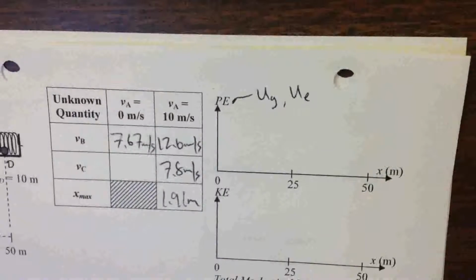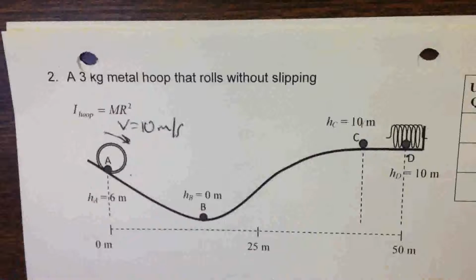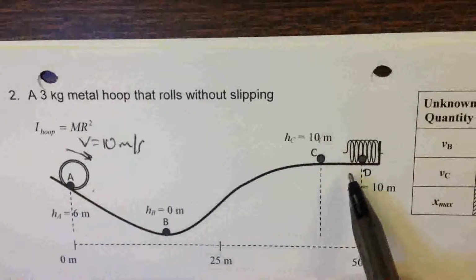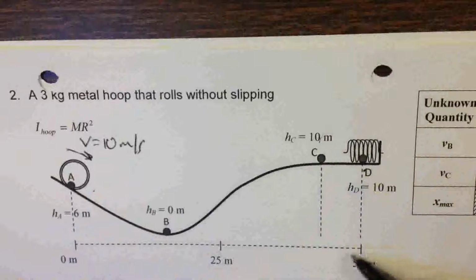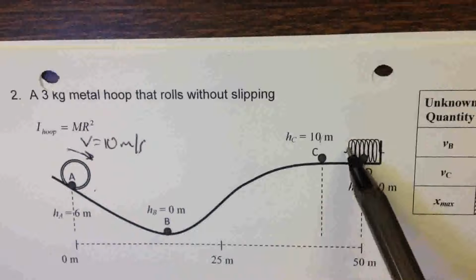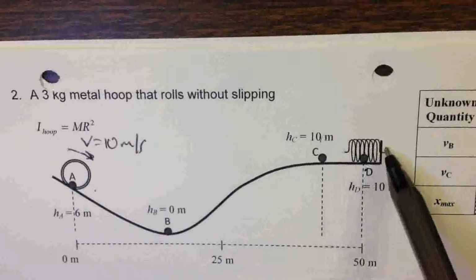Focus. All right. So gravitational and elastic, we're looking at this entire trip. So there's no elastic potential energy until we get to the spring, which is somewhere around 50 meters. Just a little bit before that. At that 50 meter mark, what will happen there? A little bit before, it's going to start compressing.